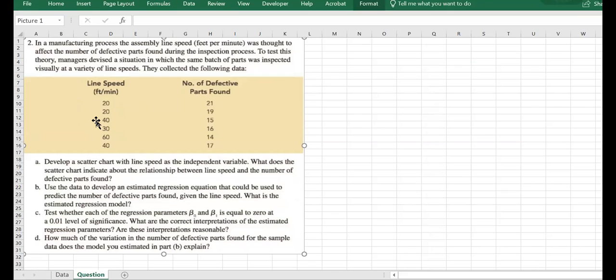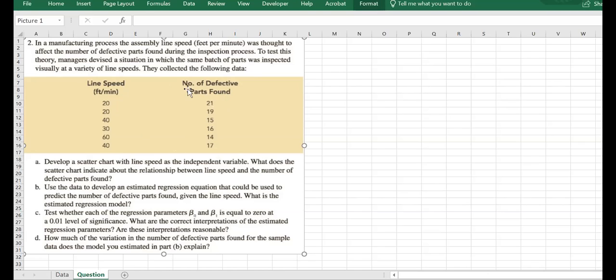In this question, for an assembly line, we have the line speed, and we have the number of defective parts that are found for each line speed, for each observation, right? So we have the data set, and then we want to answer these questions.